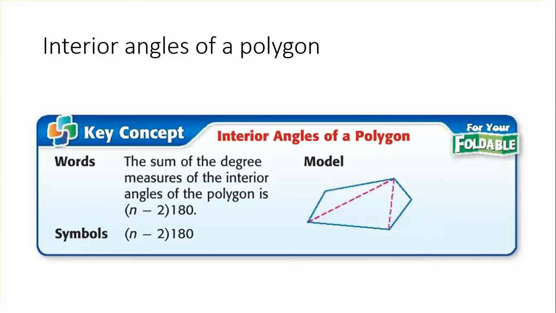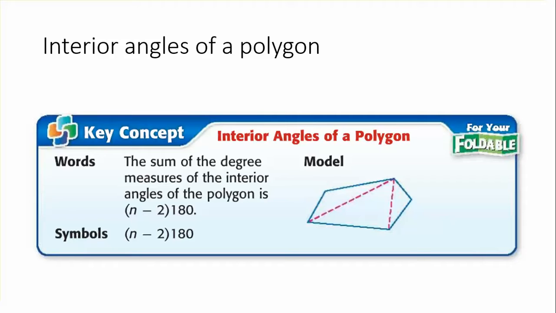So let's look at the theorem to find the interior angles of a polygon. Here we have a picture on the right, and it is a pentagon. It's a 5-sided figure. We've drawn 2 diagonals from the one vertex that create 3 different triangles. So if we're trying to find how much the angles add up to, remember a triangle adds up to 180. Remember that a square or a rectangle or basically any quadrilateral, those add up to 360.